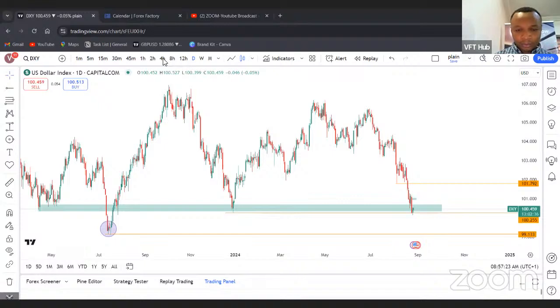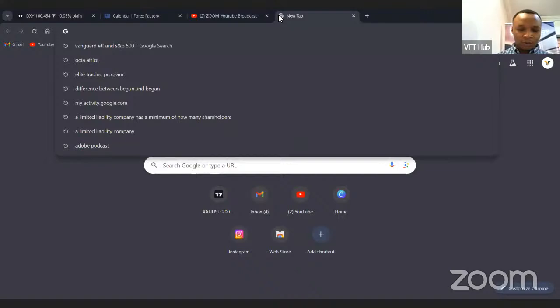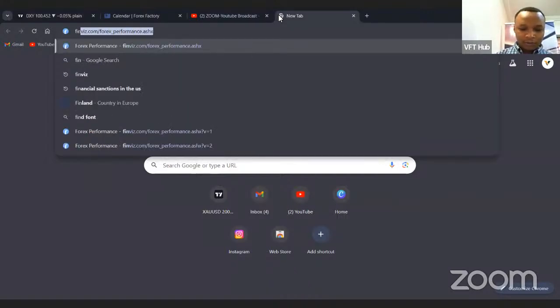Okay, so what's the website we usually check strength of? We used to check the strength and weakness of assets. So we usually use the currency strength meter on Market Milk, and sometimes we also use FinViz, F-I-N-V-I-Z.